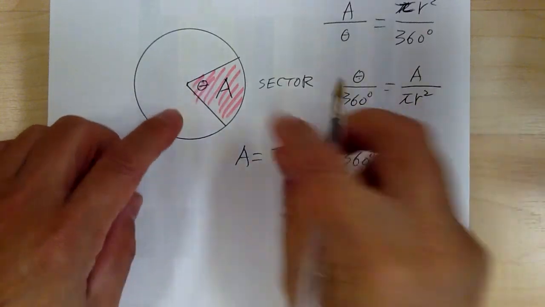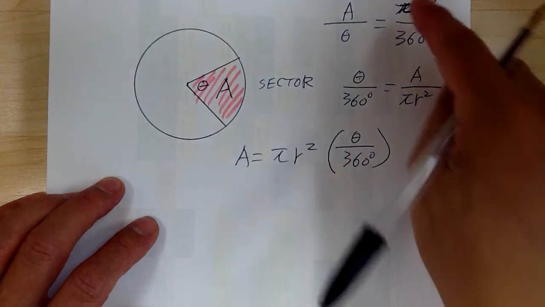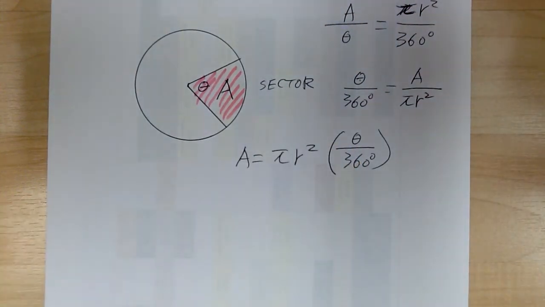They are all the same equation, just written in a different configuration. So take your pick, find the one that is easiest for you to remember, and just use it.